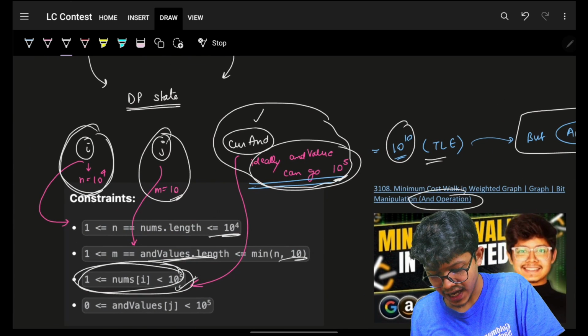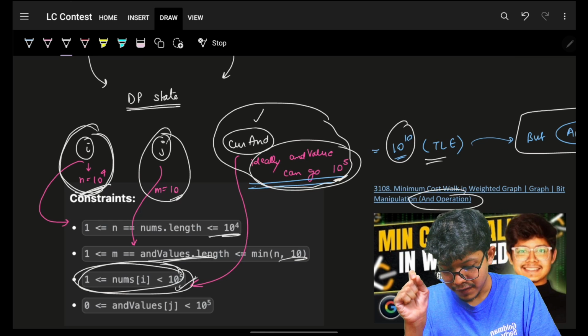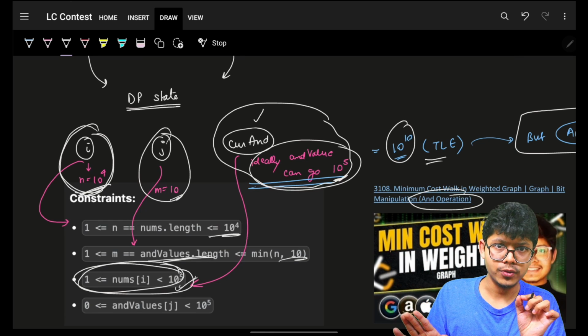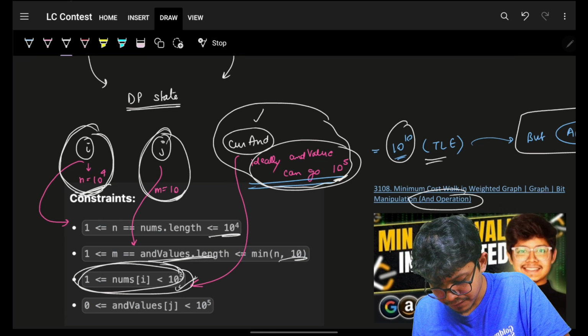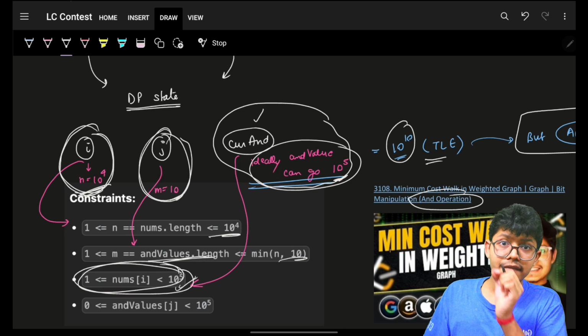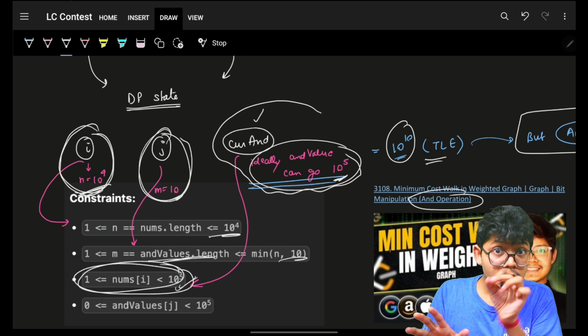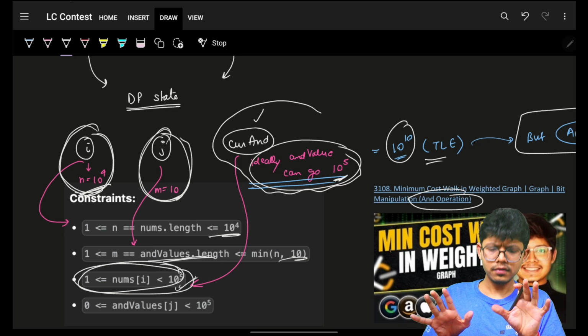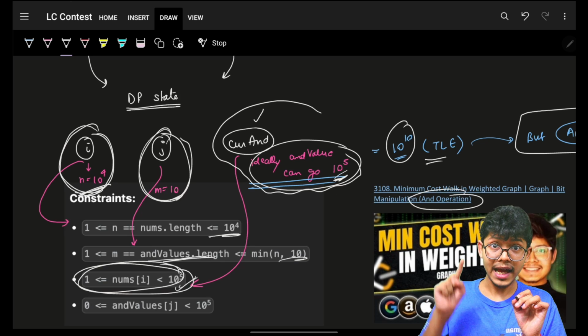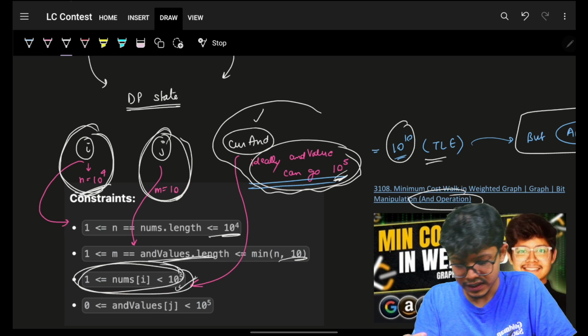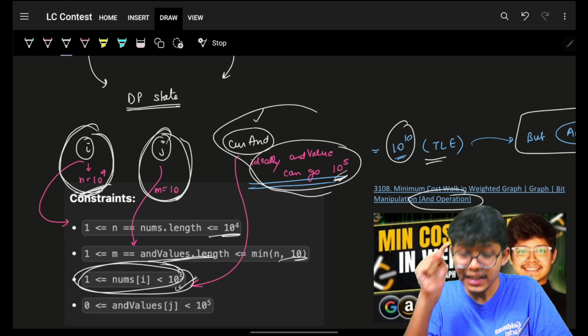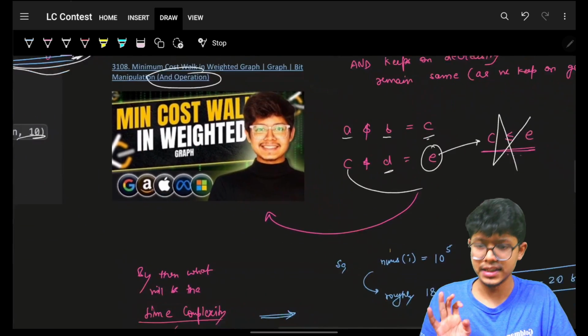I am saying, okay, I can have 1e4 different I values from 0 to 1e4. I can have 10 different J values. Here I was saying earlier that my AND value itself can be maximum 1e5. But I am now about to prove how many distinct AND values can be there.